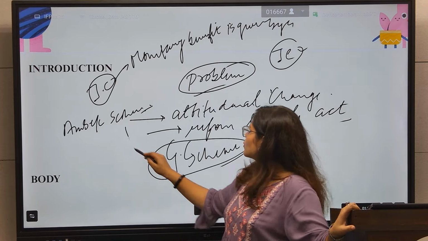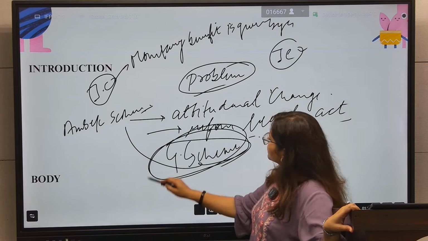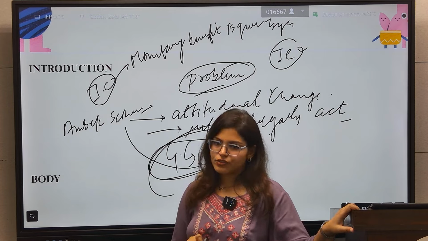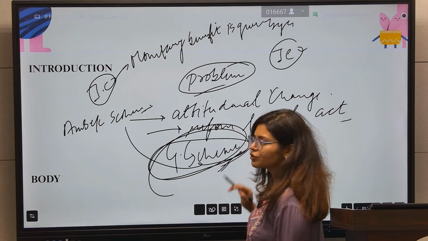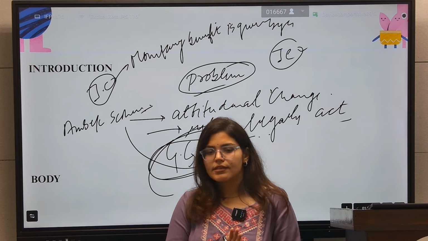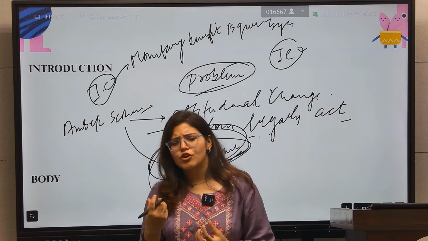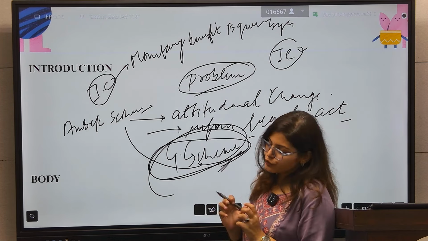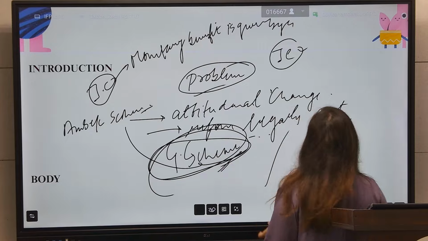So there should also be a scheme for interfaith marriages that the government should follow. So in this way you have to conclude your answer while giving some solutions, some government schemes, in this type of question. Now see the model answer.